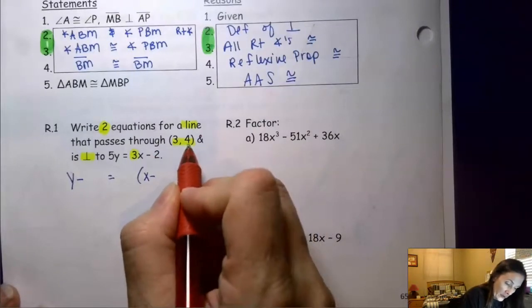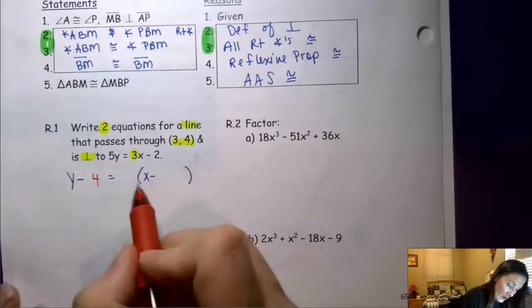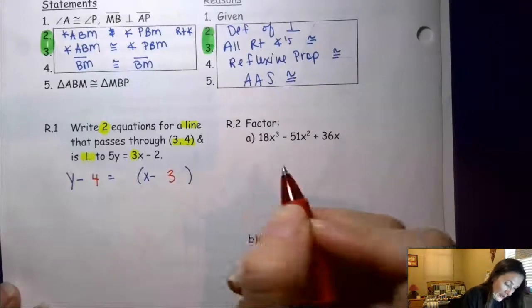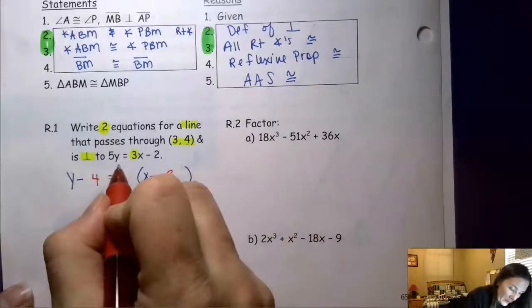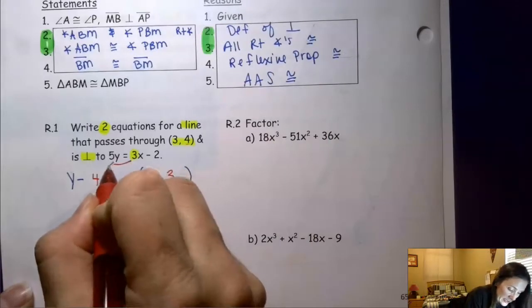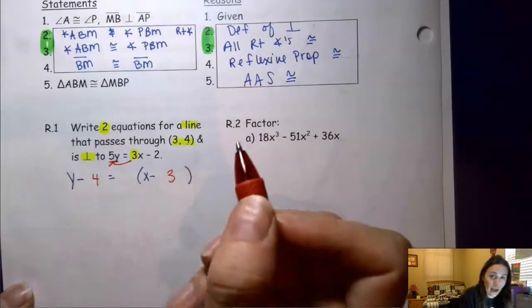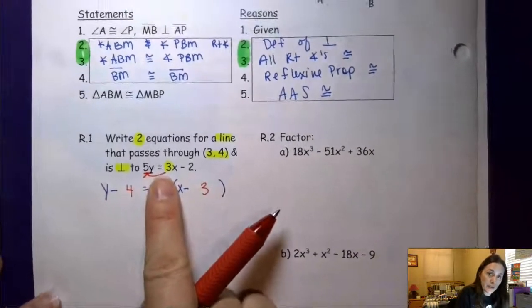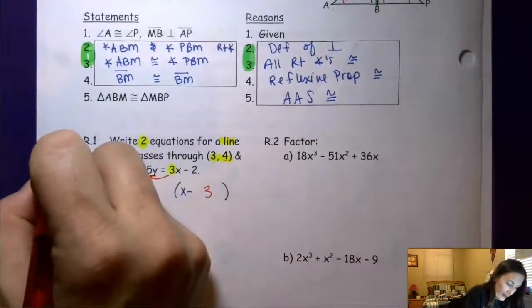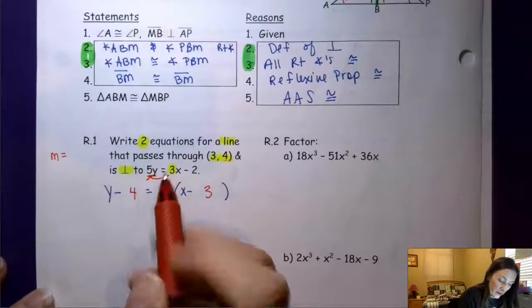Y minus 4 is my y. X minus 3 is my x. Now my slope. Pay attention to this part. Remember, this needs to be isolated. It's not isolated, so I have to divide everything by 5. The slope of this line to begin with is going to be 3 over 5.